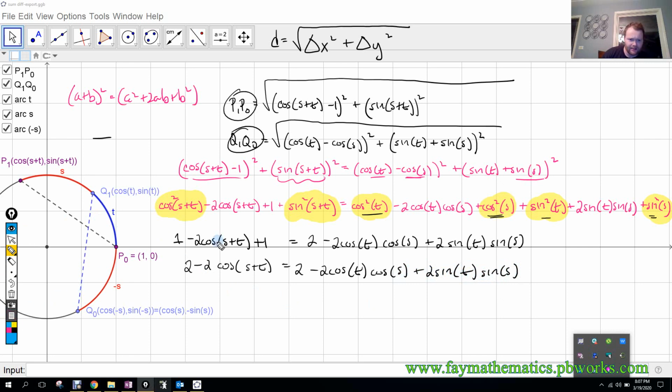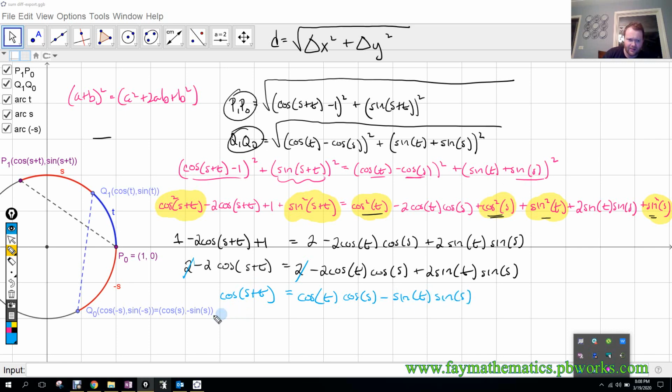The nice thing is that 2 and that 2 cancel, and when that happens, everything else is divisible by -2. So when I divide everything by -2, it's going to be cosine of s plus t. Divide this by -2, it gives me cosine of t cosine of s. Divide this by -2, and it gives me minus sine of t sine of s.